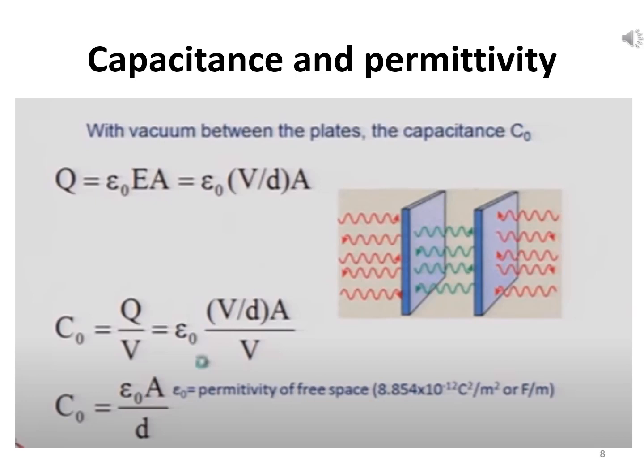equation, where epsilon naught is called the permittivity of free space and E is of course the electric field, which is equal to the electric potential divided by the distance. And capital A is the cross-sectional area.